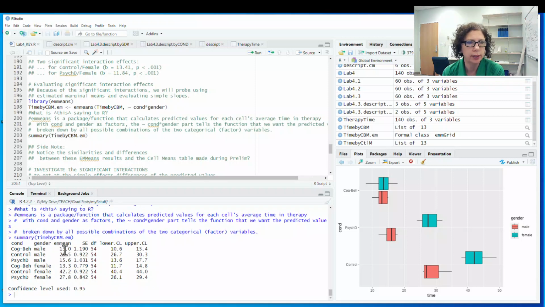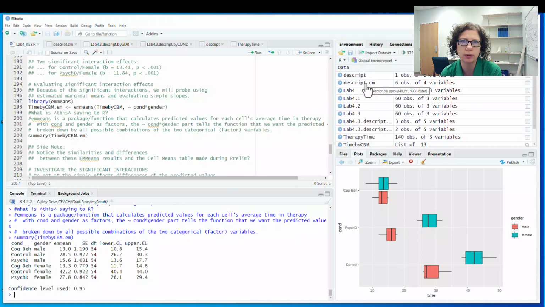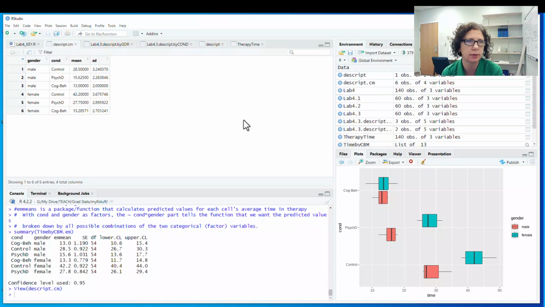So here we have the mean for cognitive behavioral male, the mean for control male, the psychodynamic male, and so on. Now, what is the difference here between this information and what we got before with our cell means when we were doing descriptives?